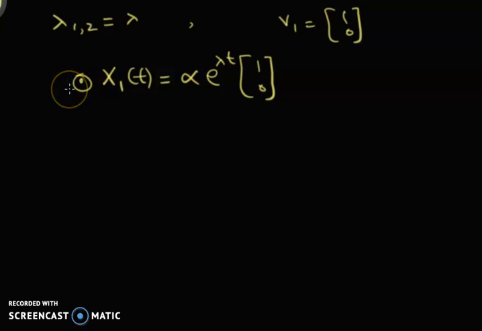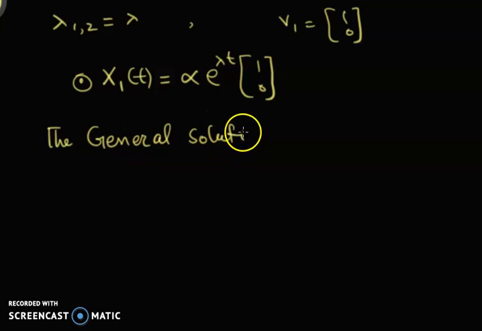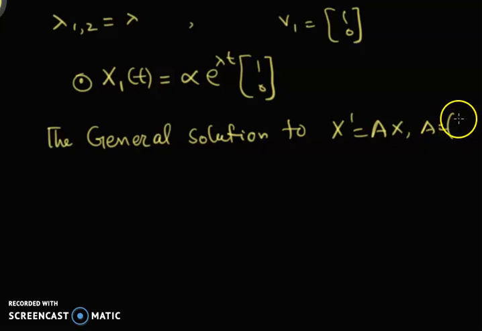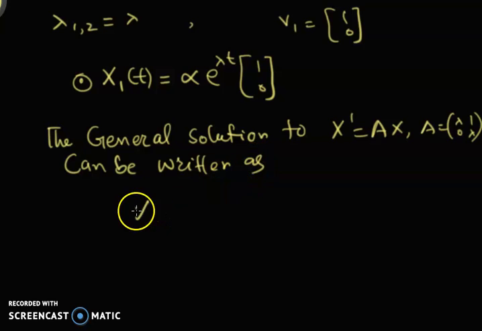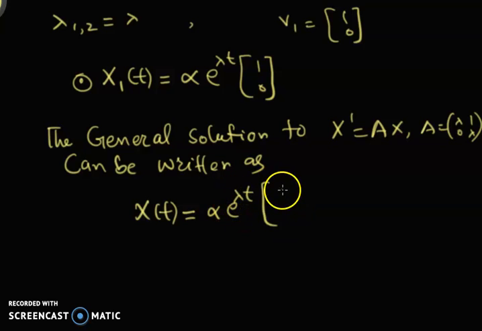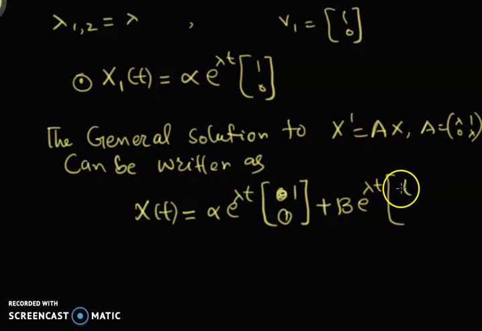And you can apply the method of undetermined coefficients to show that the general solution to x prime equals Ax, where A is [lambda, 1; 0, lambda], can be written as x of t equals alpha times e to the lambda t times (1, 0), plus beta times e to the lambda t times (t, 0).